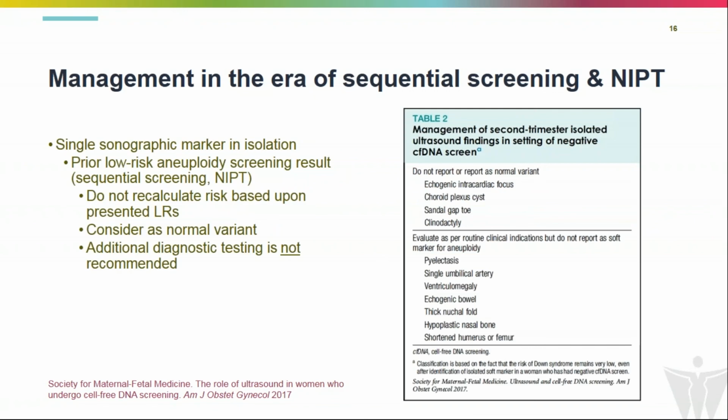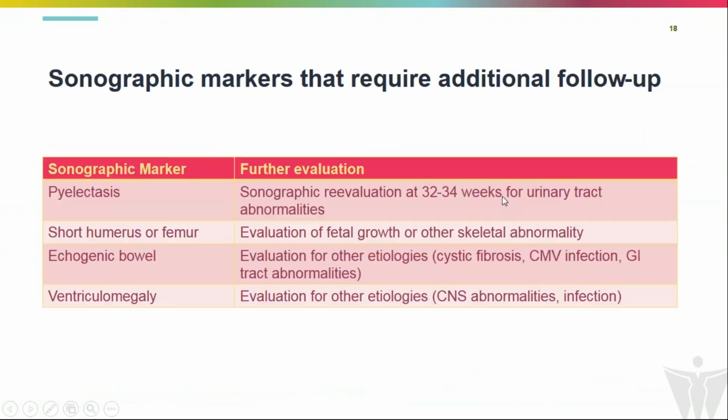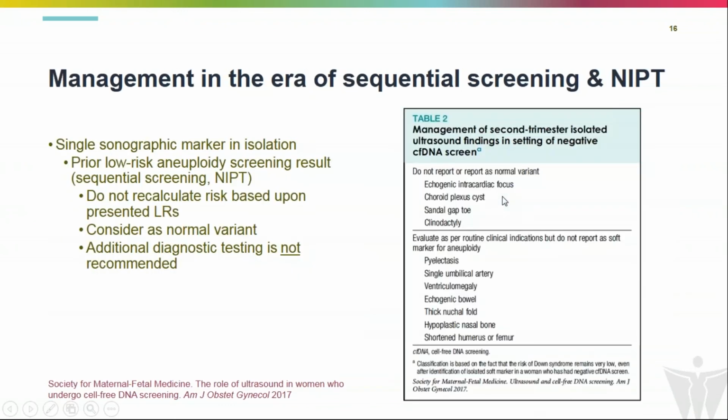When you see a single sonographic marker in isolation, again, to reiterate, we don't use these likelihood ratios to recalculate her risk. For many of these, we can just consider this a normal variant, such as an EIF or a choroid plexus cyst, and move on and reassure her that the likelihood of her baby having Down syndrome or trisomy 18 is relatively low.